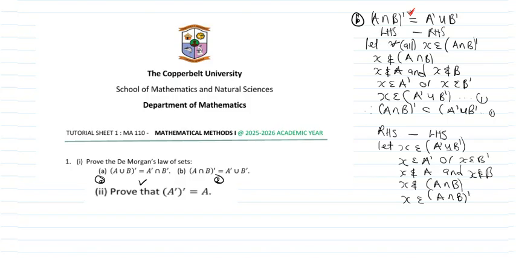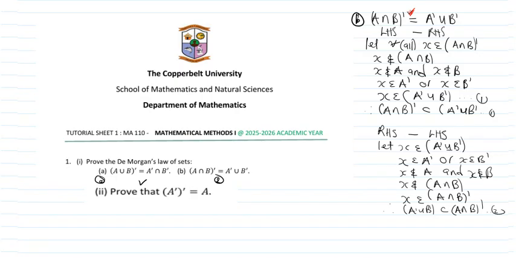So from what we have just recorded there, therefore, what we started with, A complement union B complement, is a subset of what we have just ended up with, A intersection B complement, like that. So I'll name this as equation 2.